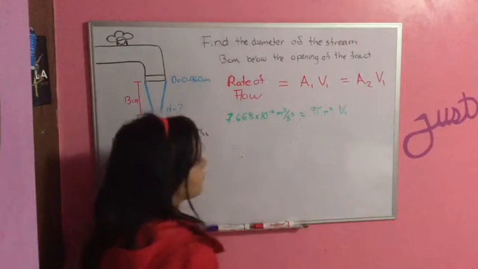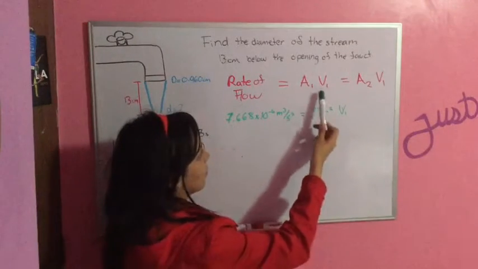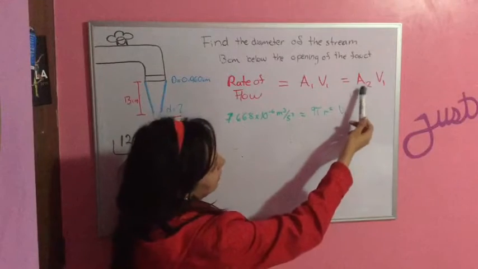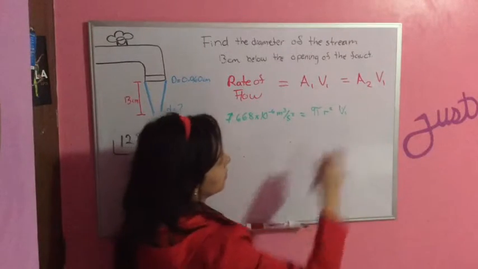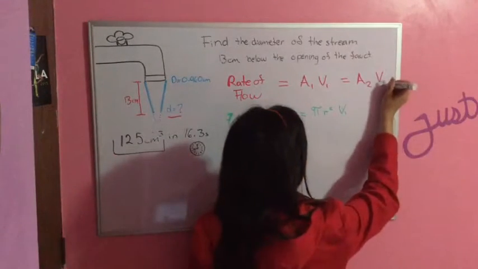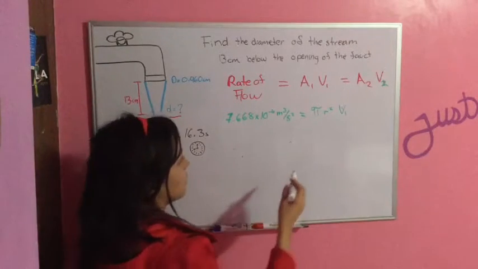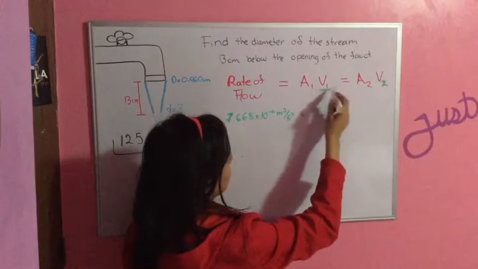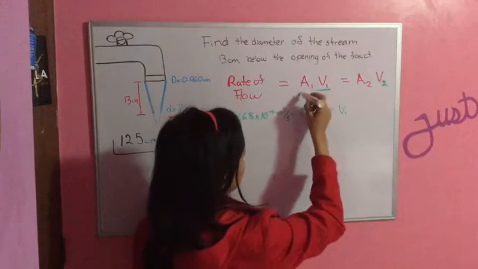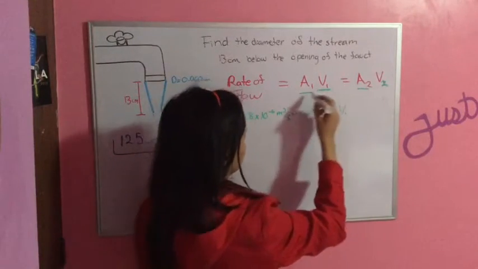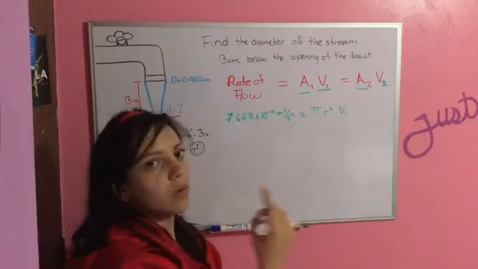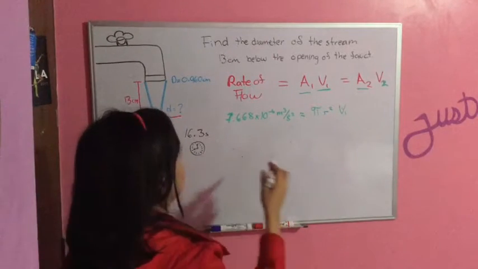So now that we know the rate of flow, it's time to know these values. We know that the area 1 times the velocity 1 equals the area 2 times the velocity 2. We only have to isolate one velocity. Why? Because from the area we only know one radius.